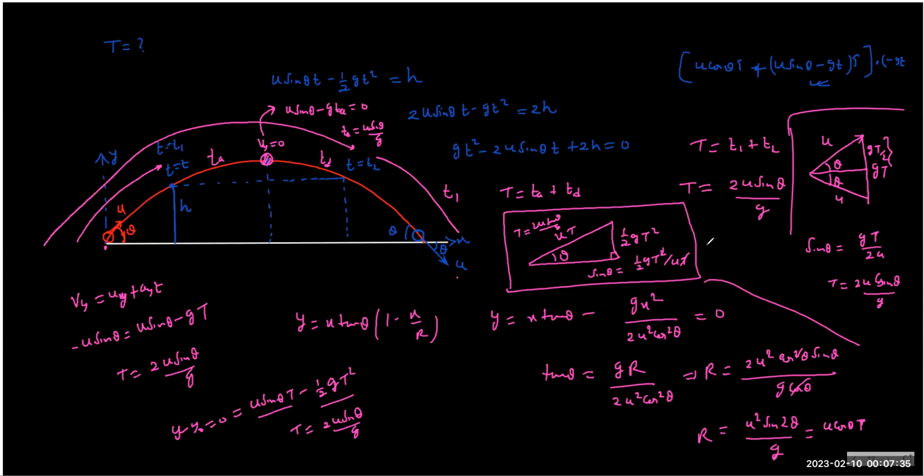So how many methods? I don't know. 1, 2, whatever, 3, 4, 5, 6, 7, and whatever you have. So there are infinite ways. I mean, not infinite, of course, there must be something, but there are many ways in which you can actually tackle kinematics. Whatever you find suitable, apply it and get the answer.